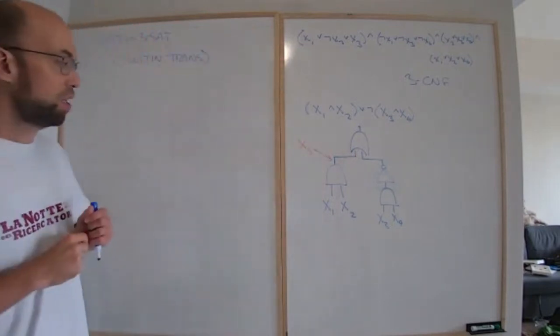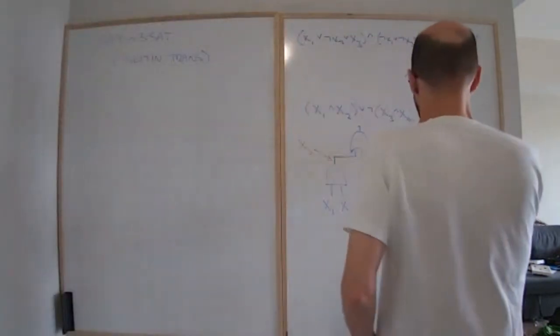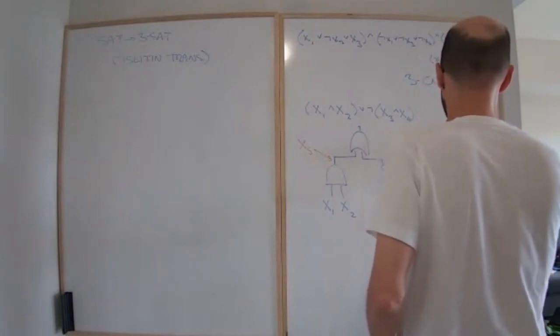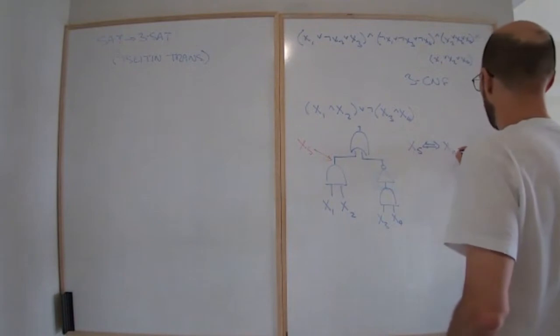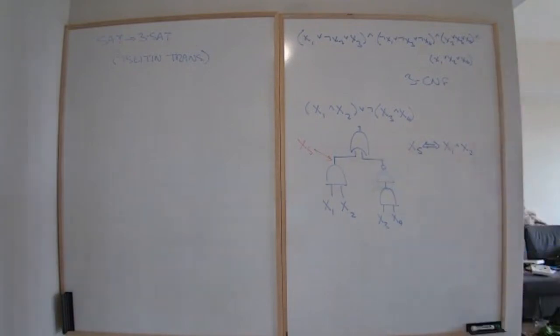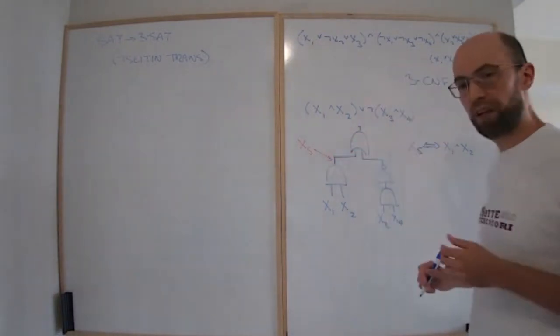So now you want to say x5 if and only if x1 and x2. So what you do, you introduce a new variable for the output of every gate.